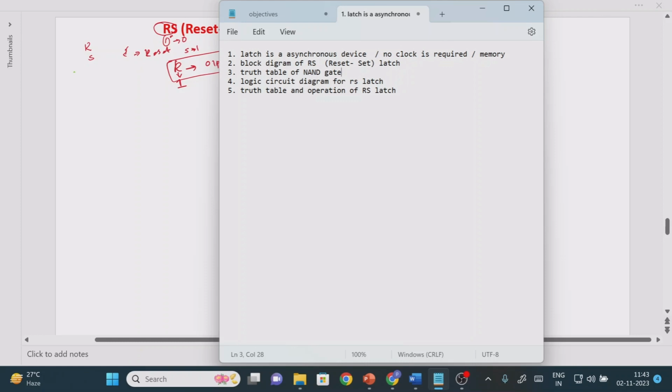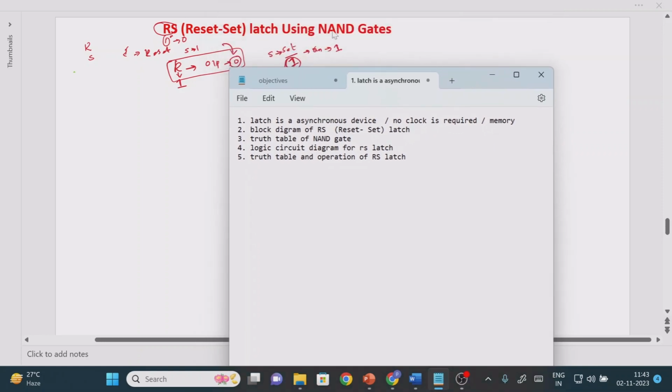We are going to design the basic building block of the memory element. First we will see the block diagram representation of the reset set latch. Once that is done, we are going to design it with the help of the NAND gate representation. First we will understand the truth table operation of the NAND gate.